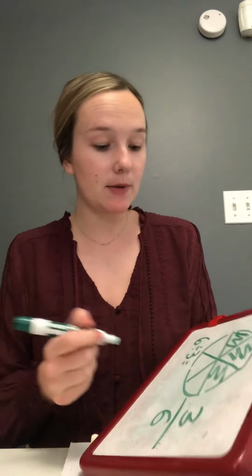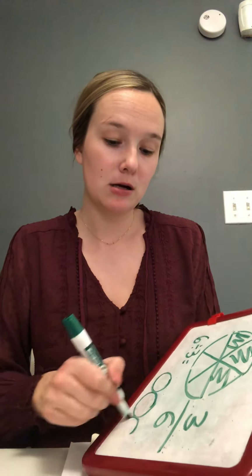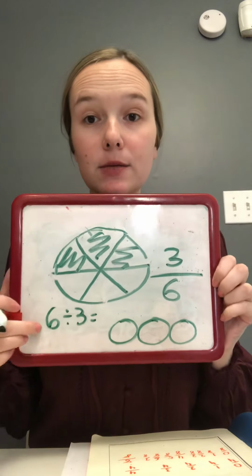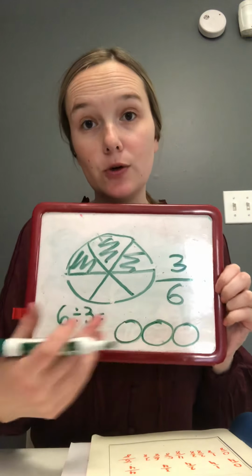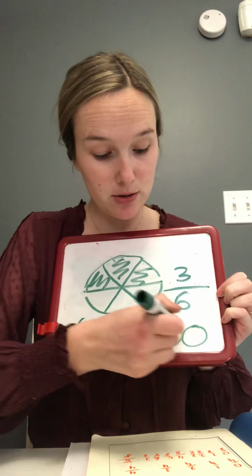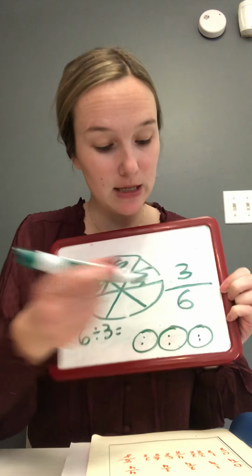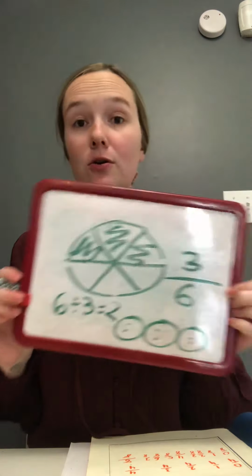So that means I'm going to have 3 groups. And I need to put the 6, and make sure that each group has the same amount. So 1, 2, 3, 4, 5, 6. Each group has 2 in it. So 6 divided by 3 is 2, which means 3 out of 6 is half.